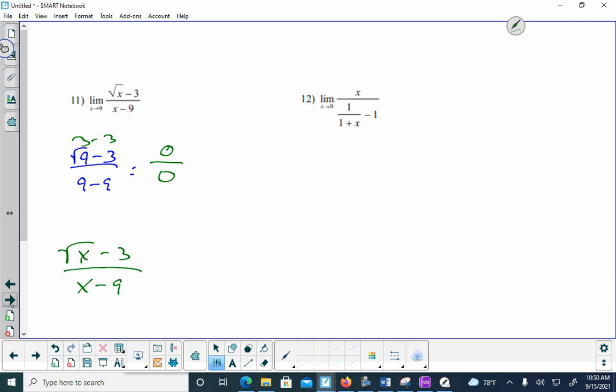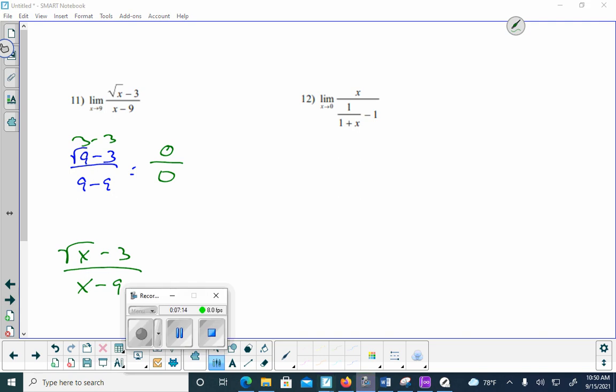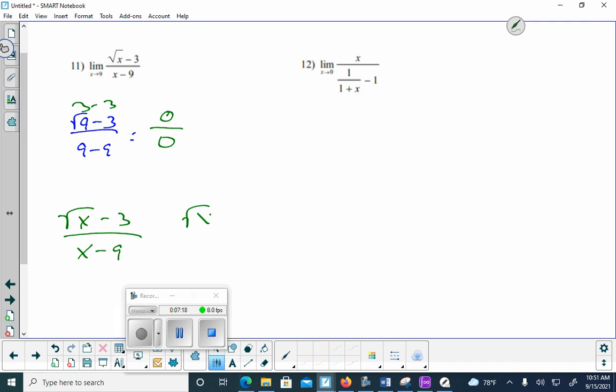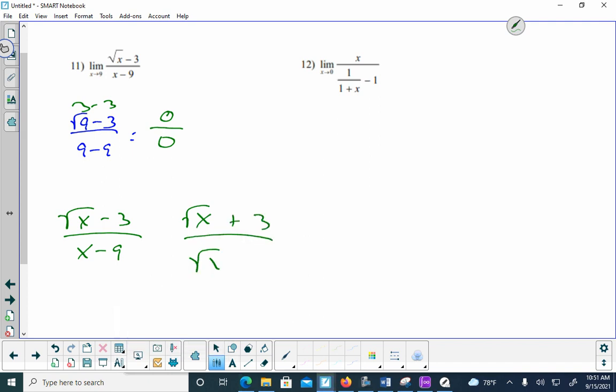And I'm going to multiply both the numerator and the denominator by the square root of x plus 3. When I multiply the numerator, I am going to get x minus 9.